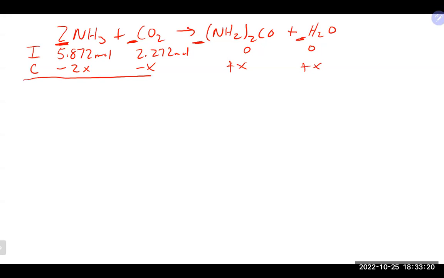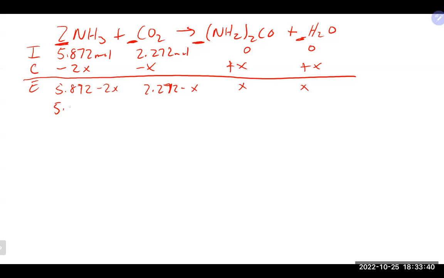Bringing this down to our end here, 5.872 minus 2x, 2.272 minus x, x, and x. Setting these equal to 0 gives us 5.872 minus 2x is equal to 0.